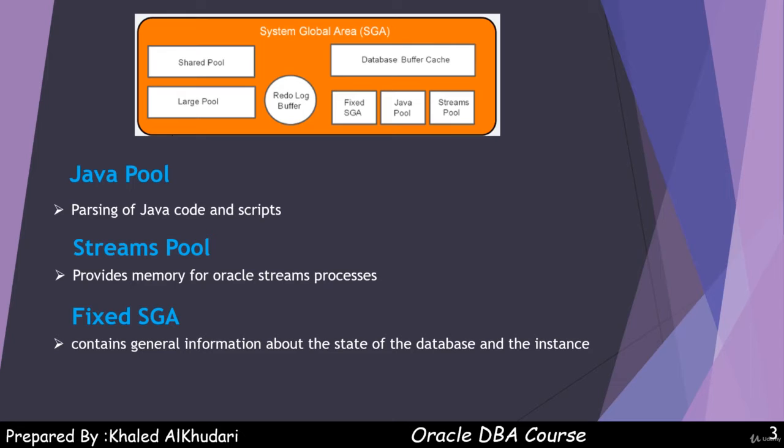You have to search about this topic because it's out of the scope of this course, but it's a very big subject. Just remember that the streams pool provides memory for the Oracle Streams processes. And we also have a small memory called fixed SGA, and it contains general information about the state of the database and the instance. I just want you to remember this simple information.